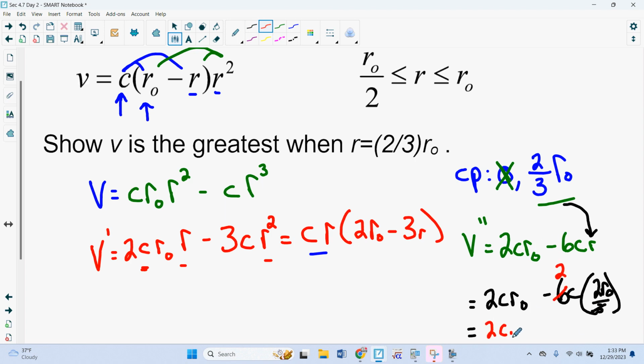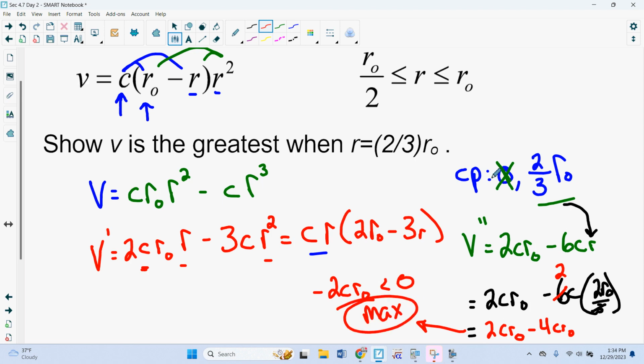So I have 2CR0 minus 4CR0. So this is going to give me negative 2CR0, which is less than 0, and less than 0 tells me this is a max. So I've just shown that that value is a maximum.